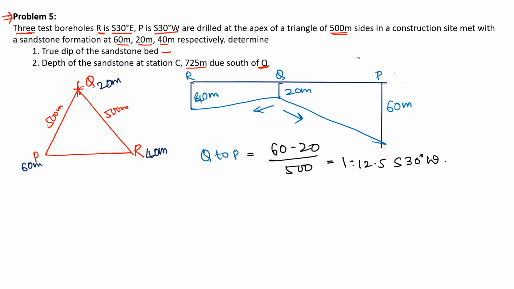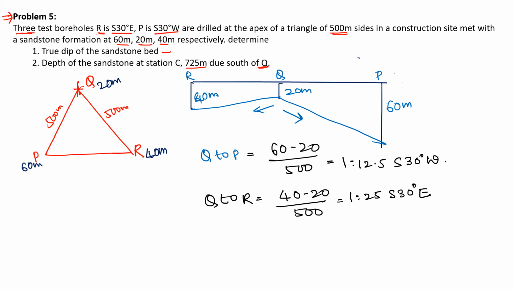Similarly, for Q to R it is 40 minus 20 divided by 500, which comes around 1:25, and the direction is already given as south 30 east. This data will carry forward to the next slide.